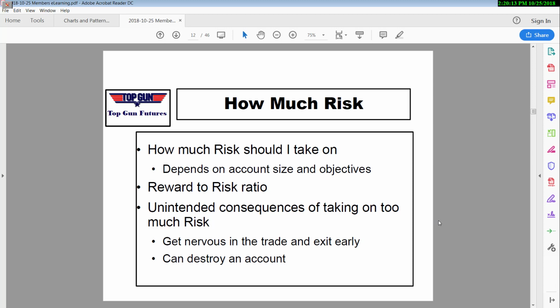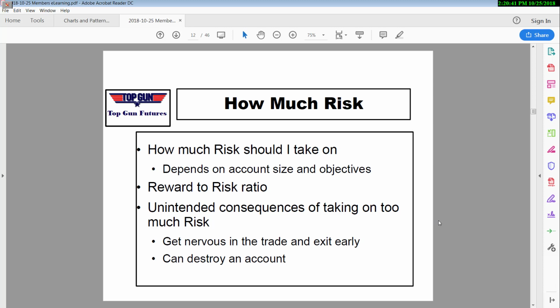And the unintended consequence of taking on too much risk is that you get nervous. You ought to be a little bit nervous every time you trade. If you get nervous in the trade and you exit early, that's probably you taking on too much risk for your risk tolerance. Everybody is different.